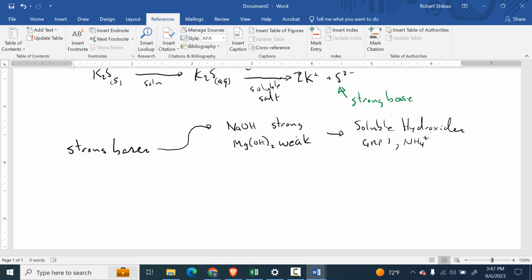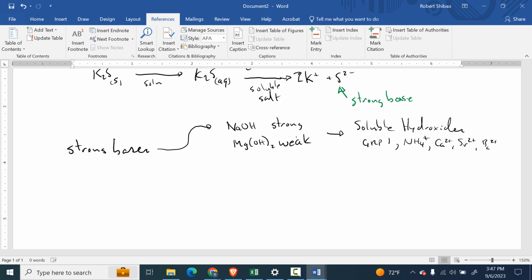And so hydroxides are insoluble except for group 1, ammonium, and calcium, strontium, barium. Everything else is weak.